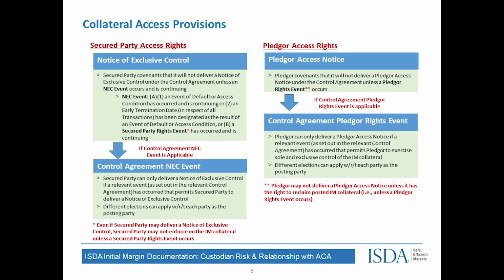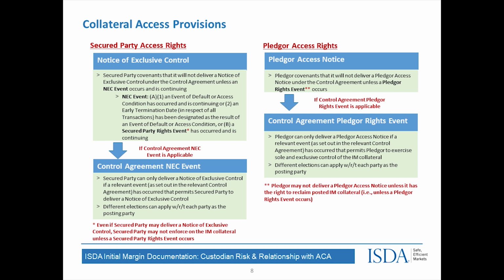But on the basis of feedback that we received during the consultation and drafting process for the next generation of the 2018 and 19 ISDA documents, people said, well, you know what? I have negotiated very similar concepts in the past into my control agreements, and I would like to preserve those agreements as opposed to using the forms of these access provisions that are hardwired into the documentation.